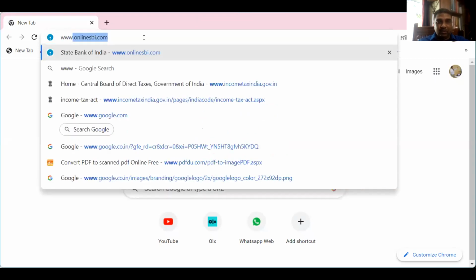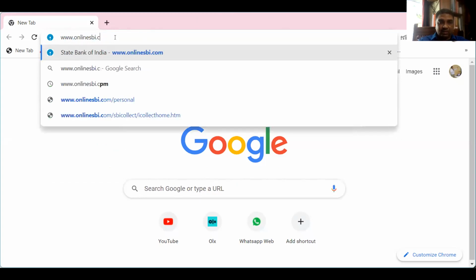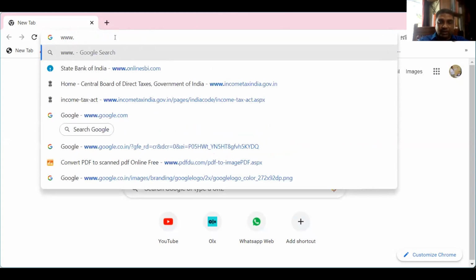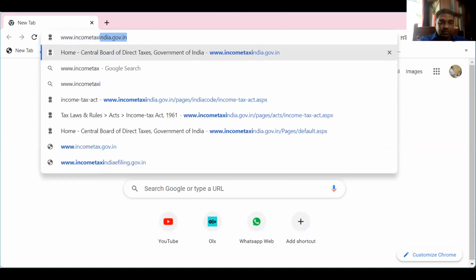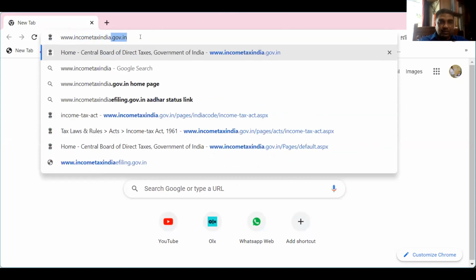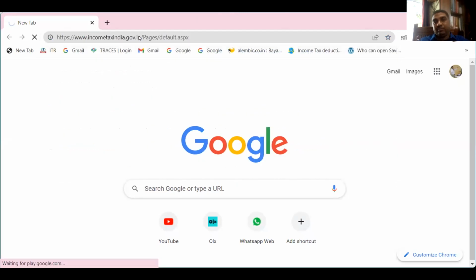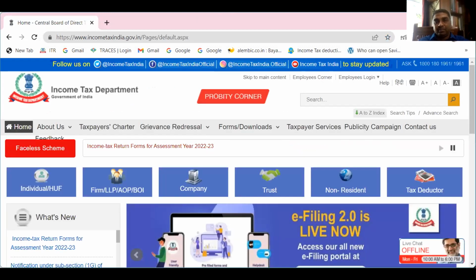All of you are aware of the website address. What is the website address? Incometaxindia.gov.in. And I told you sections 22 to 27. So these are the sections. We'll just have a look at them.